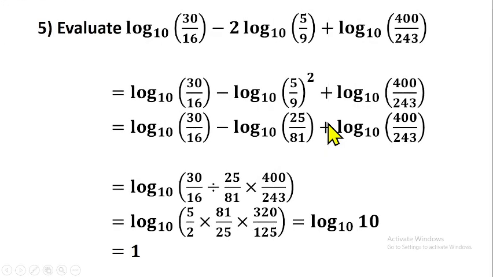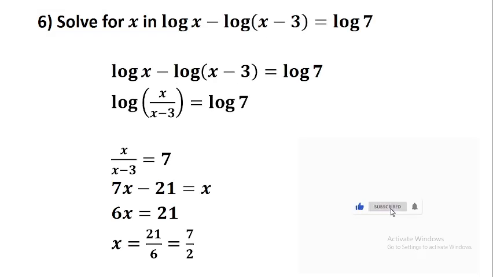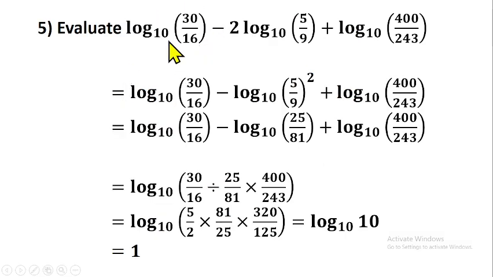Another example using the laws of logarithm is what you are seeing on the screen right now. We are having log of 30 over 16 base 10 minus 2 log 5 over 9 base 10 plus log 400 over 243 base 10.